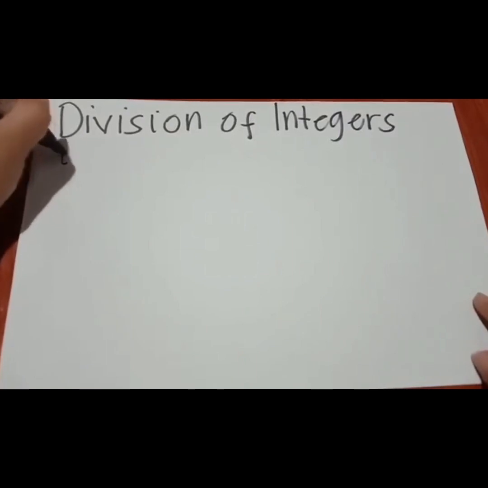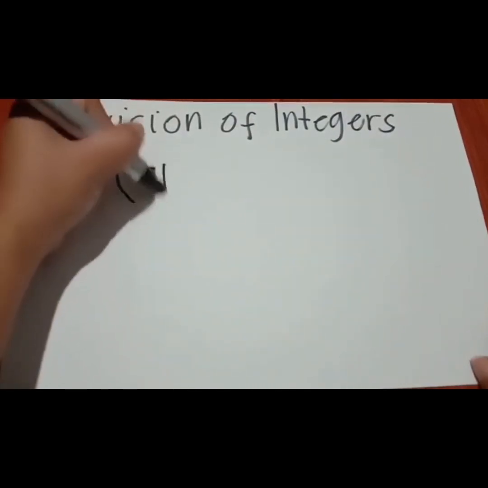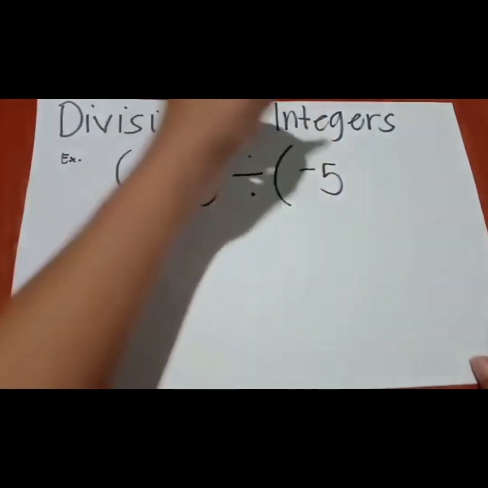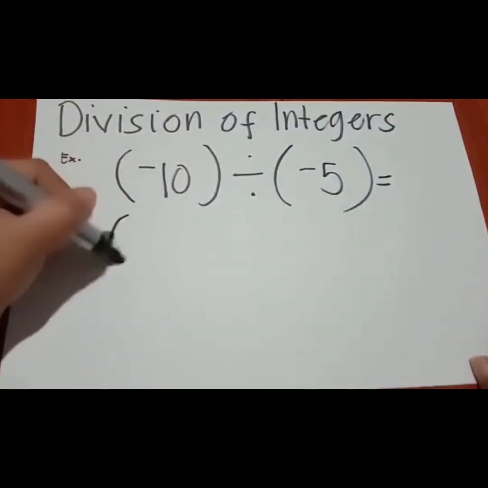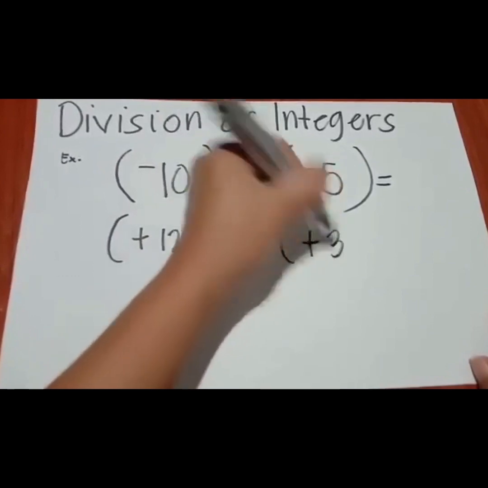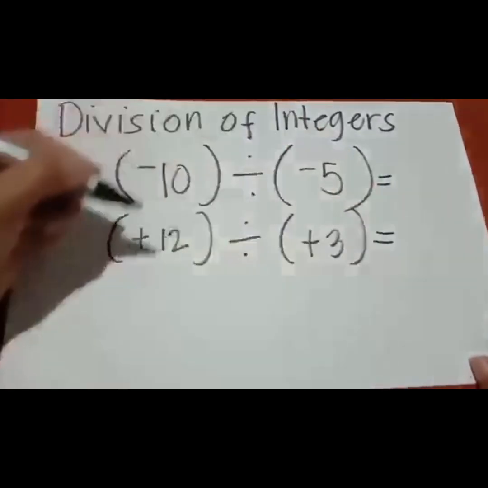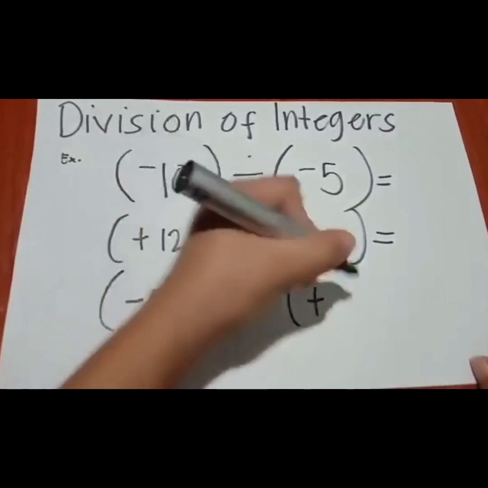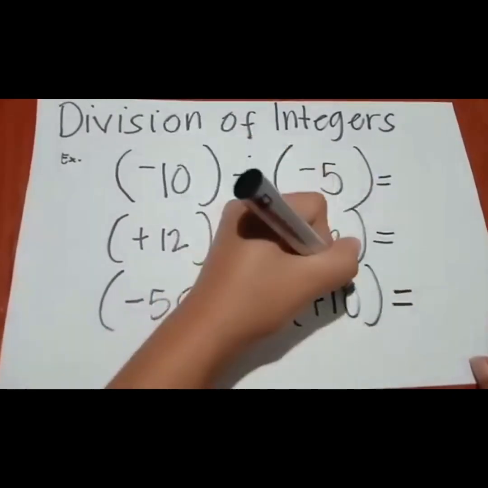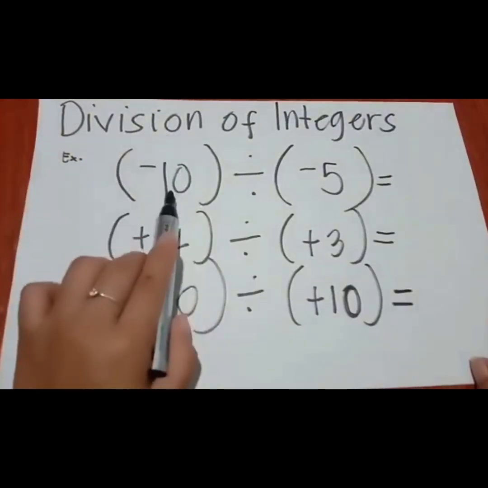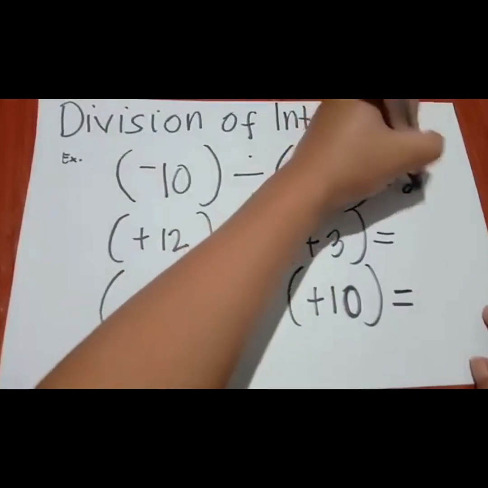Division of integers. Example: so negative 10 divided by negative 5 equals 2.